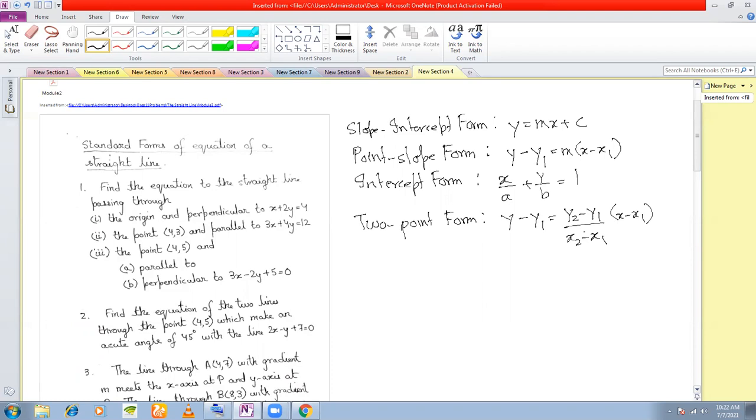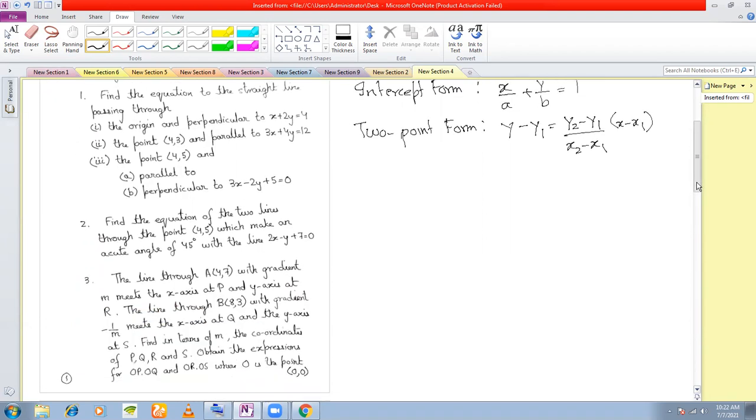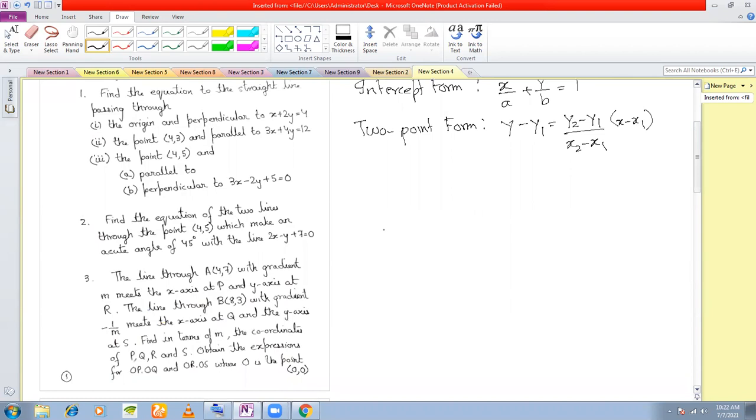You already know this. Another concept that you must know here is the angle between 2 straight lines. I don't think you have done this in class 10.